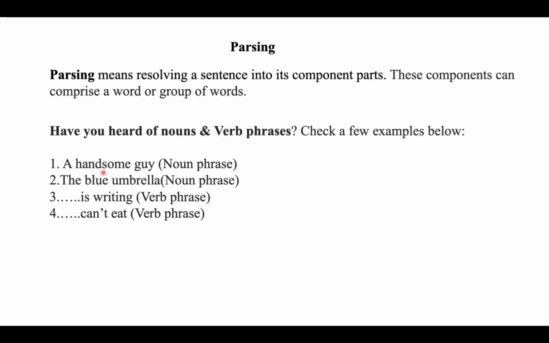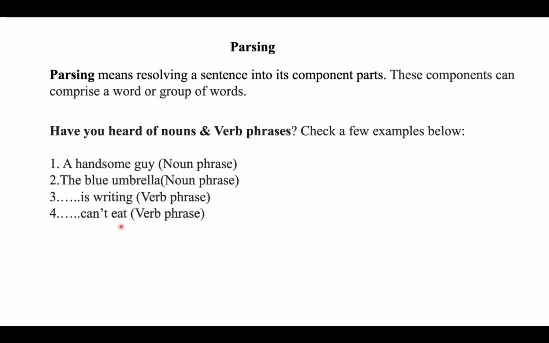If you observe the first sentence, a handsome guy, it is clearly a noun phrase, right? A determiner and adjective followed by noun. So this is a noun phrase. The blue umbrella, again, is a noun phrase. Someone is writing, so he's writing is an example of a verb phrase.